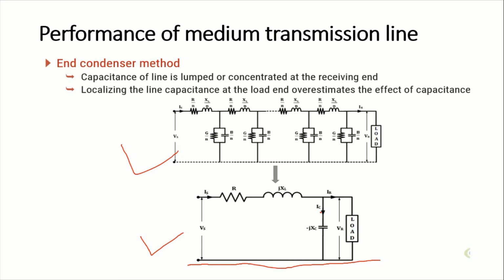Clear? In this method, the capacitance of the line is concentrated at the receiving end, as we can see in this figure. The capacitance of the line is lumped or concentrated at the receiving end. Localizing the line capacitance at the load end overestimates the effect of the capacitance.